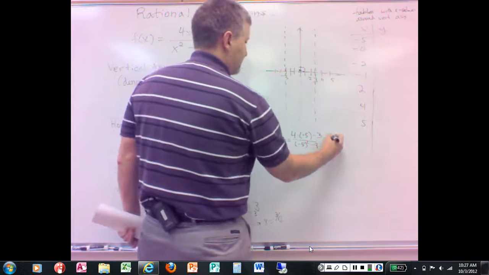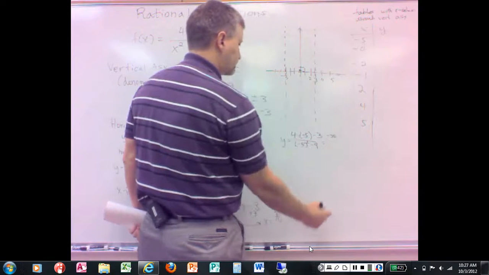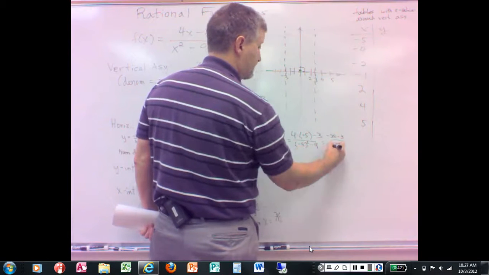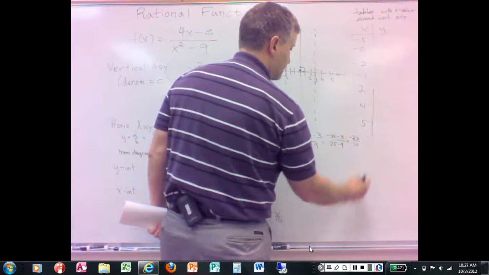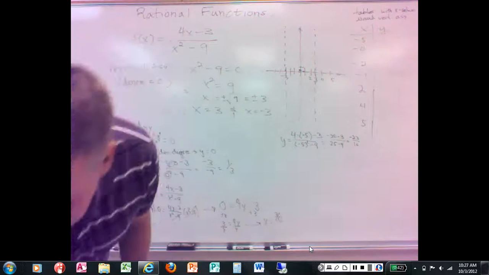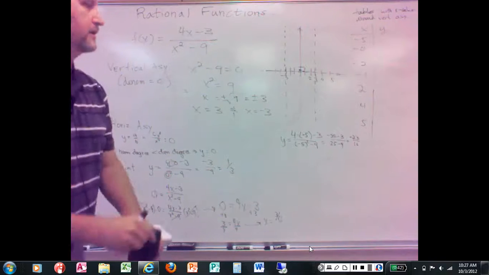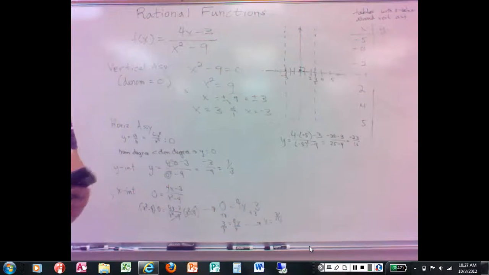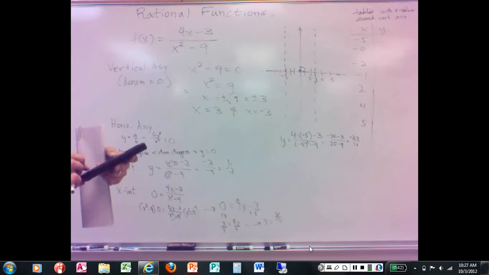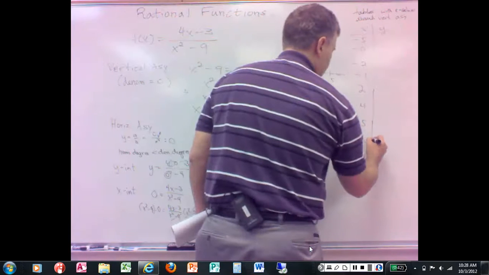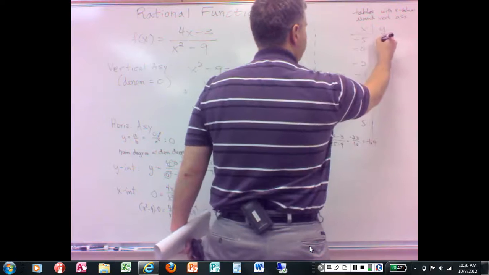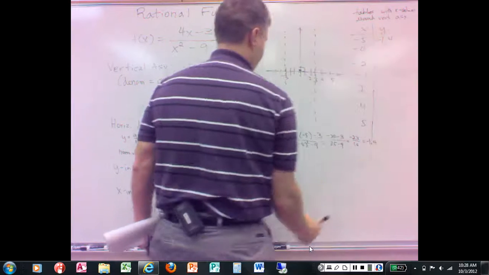That's negative 20 minus 3 over positive 25 minus 9, so negative 23 over 16. Let's round that: negative 1 point something, negative 1.4. So x is -5, y is negative 1.4.